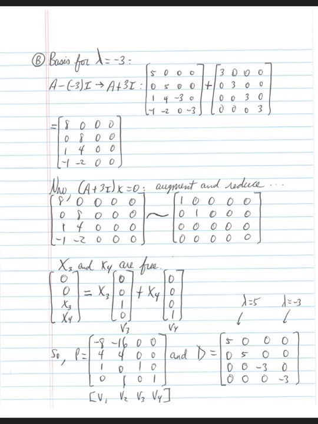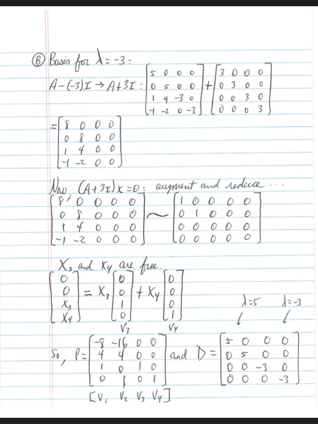A minus -3I, that's the same thing as A plus 3I. Matrix A from the original problem plus 3 times the identity matrix. Two negatives make a positive, so add corresponding positions, and you should get this as the resulting matrix.